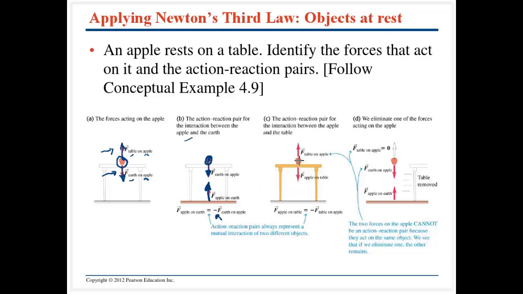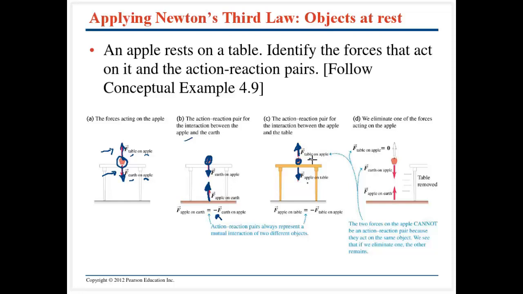Now the table is going to have a force upward on the apple, the force of the table on the apple, and the apple is going to put a force downward on the table.